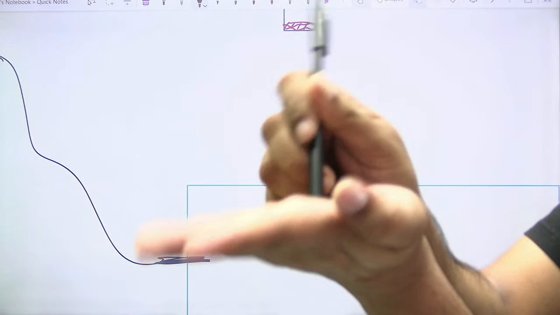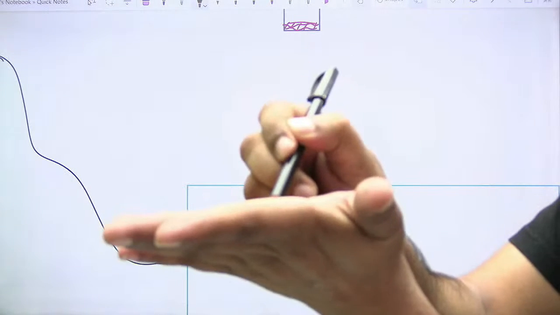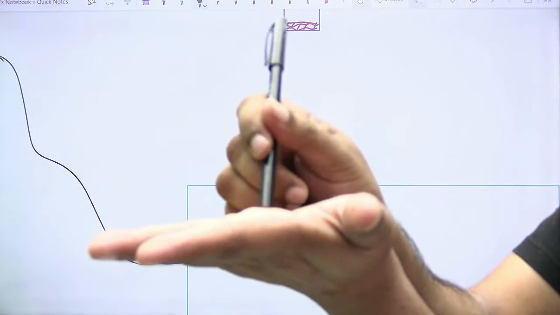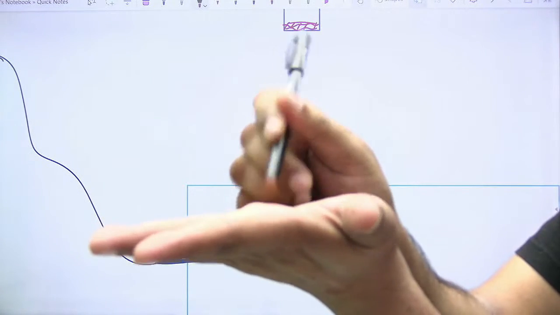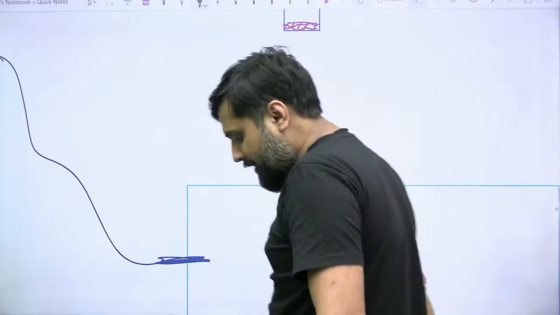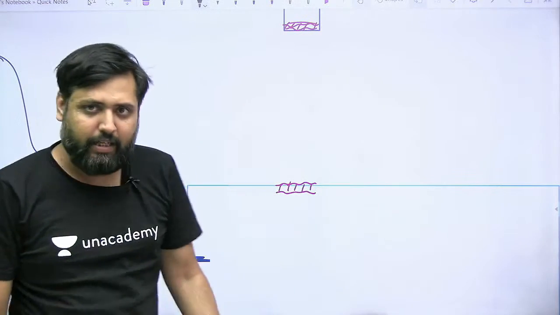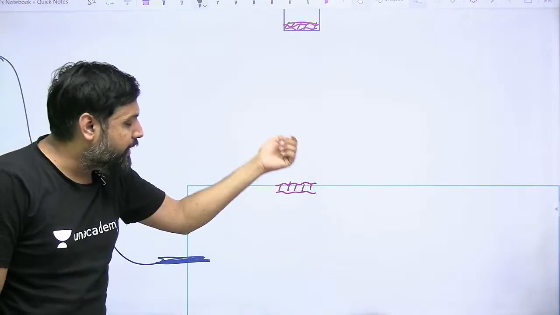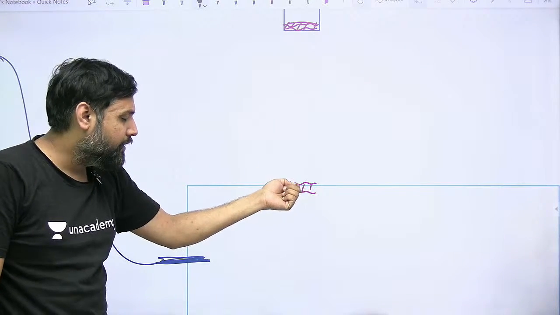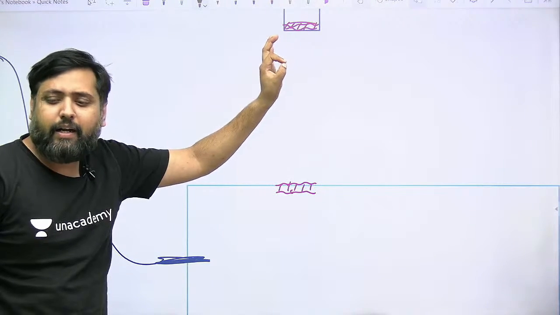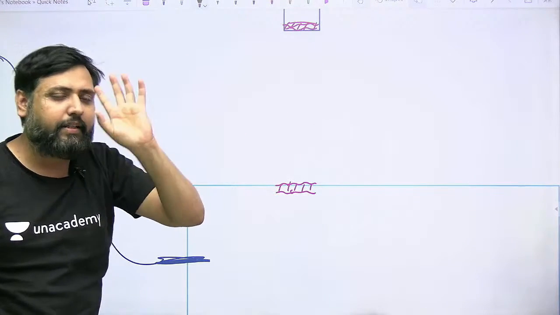Contact, short circuit, severe heating at the electrode end as well as the workpiece end, and then suddenly the contact will be disengaged. Now as soon as the contact is disengaged, what happens, my dear? Listen very carefully. Initially when the contact was made and short circuit happened, both the workpiece end and the electrode end got severely heated.